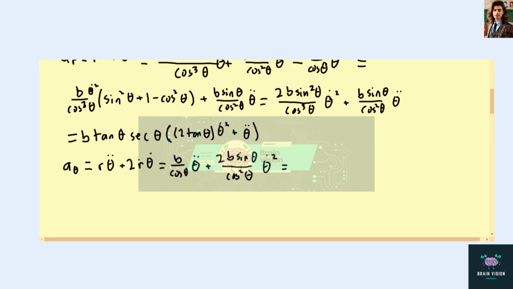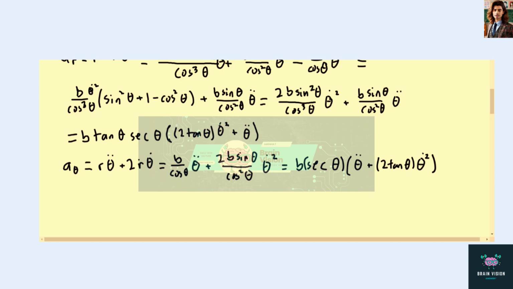And we can factor out a secant. And so that'll give us a b secant theta and a theta double dot plus 2 tangent times a theta dot squared.